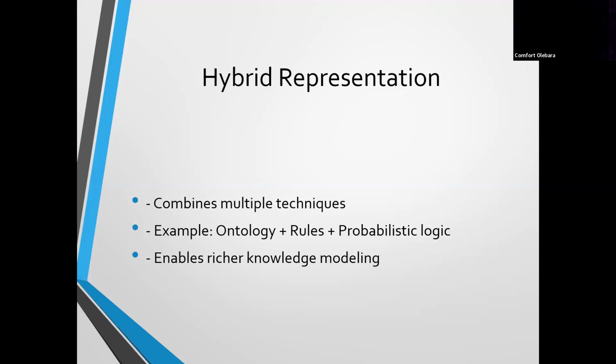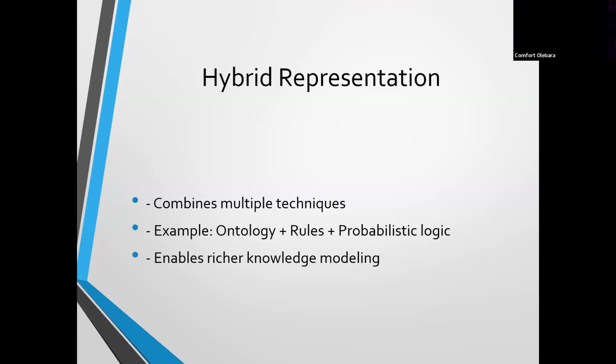Instead of using just rule-based or just one single fuzzy or this one or that one, you're now bringing them together. You understand? You're now bringing rule-based.